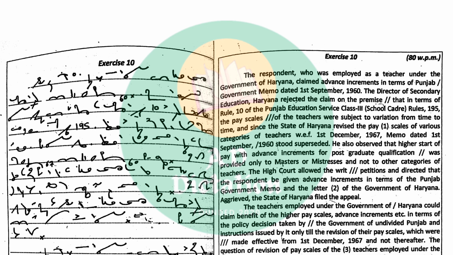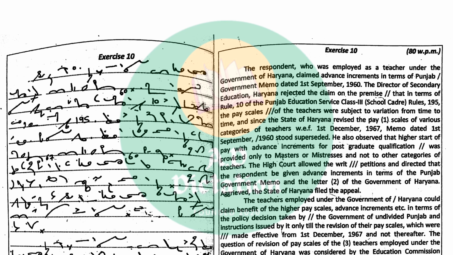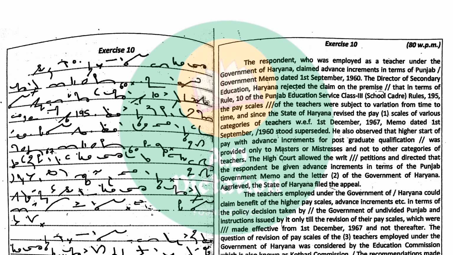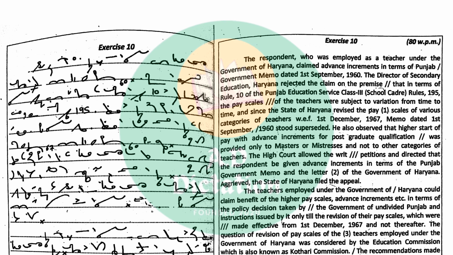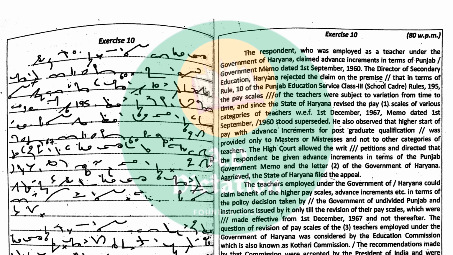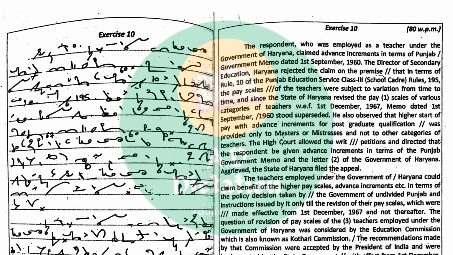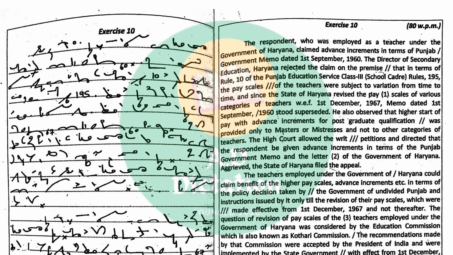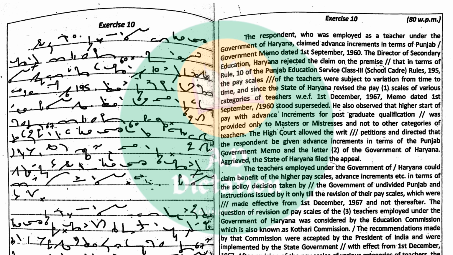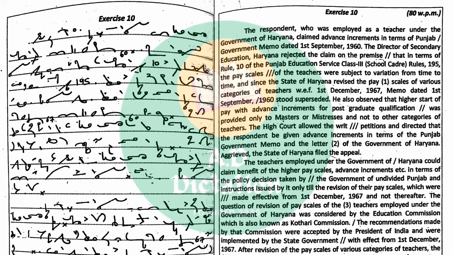The Director of Secondary Education, Haryana, rejected the claim on the premise that in terms of Rule 10 of the Punjab Education Service, Class 3 (School Cadre) Rules, 1955, the pay scales of the teachers were subject to variation from time to time, and since the state of Haryana revised the pay scales of various categories of teachers with effect from 1st December 1967, the memo dated 1st September 1960 stood superseded.